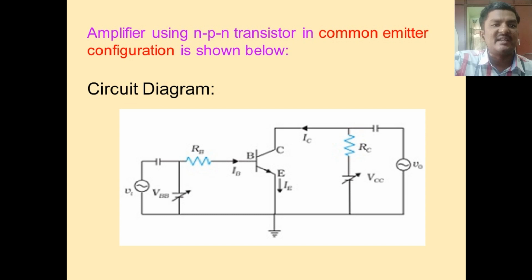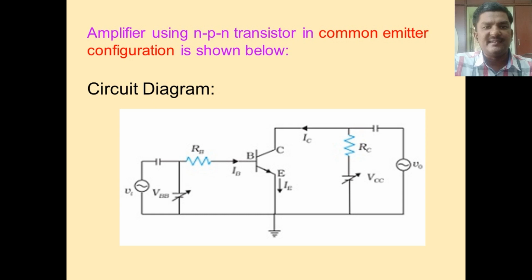Here I mention it as VBB, and output battery is VCC. Emitter base junction is in forward bias condition and base is p-type semiconductor. So p-type semiconductor is connected to positive terminal of the battery.